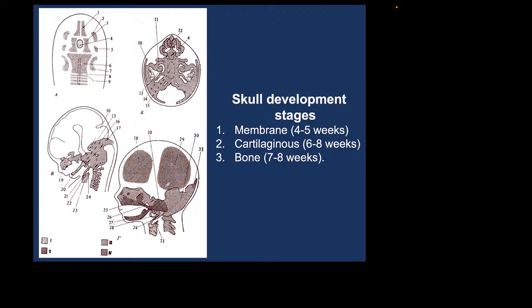In endochondral ossification, bone replaces an existing cartilage model, and here you see the endochondral ossification in the maxilla, also here in the mandible, and a large part of the temporal bone also has endochondral ossification.